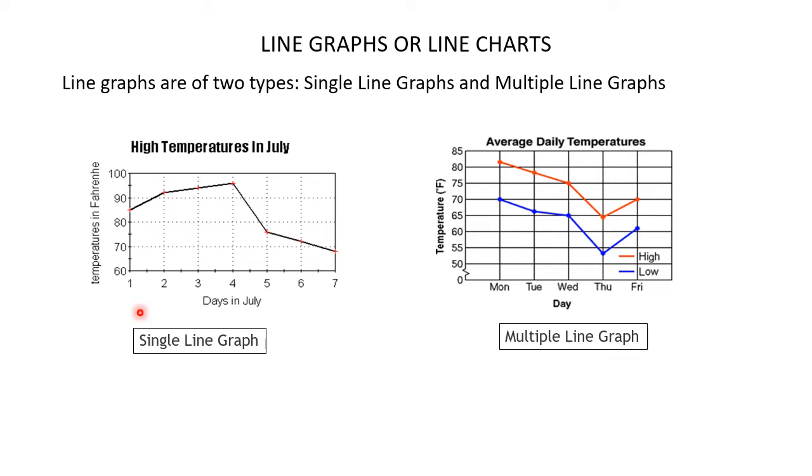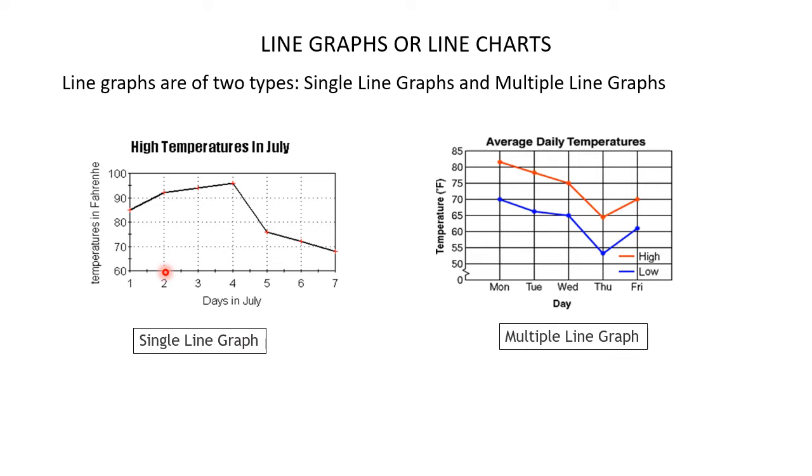Now consider this line graph. This single line graph is regarding high temperatures in July. So the days in July are plotted along the horizontal axis, and the temperatures in Fahrenheit are plotted along the vertical axis. Now, as you can see here, on day one, the highest temperature in July was 85 degrees Fahrenheit.